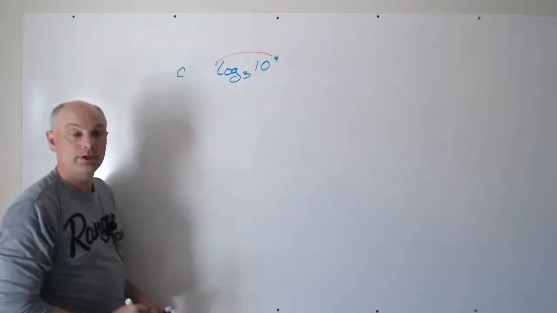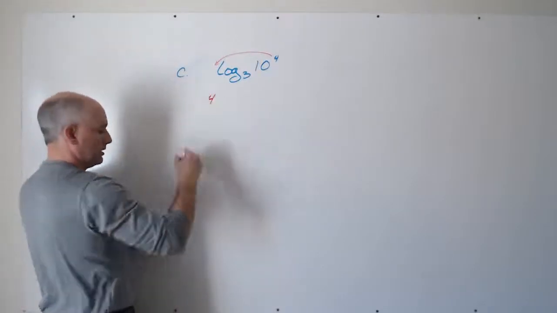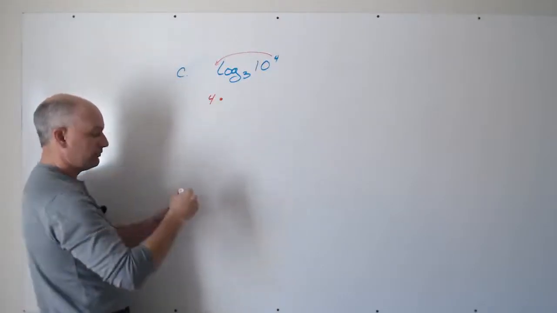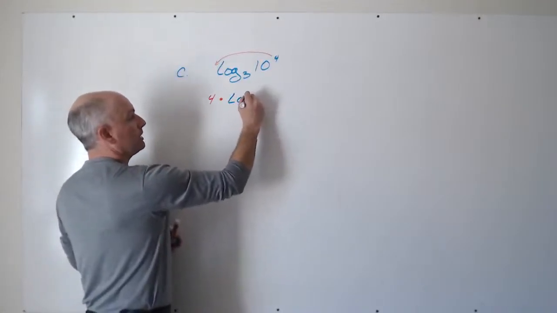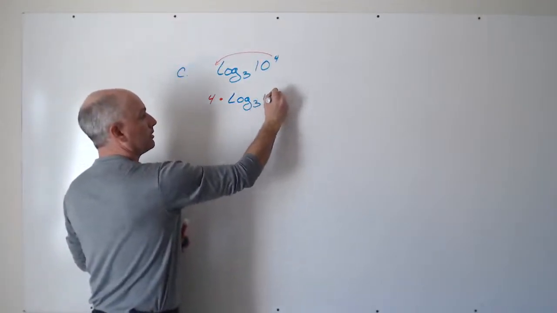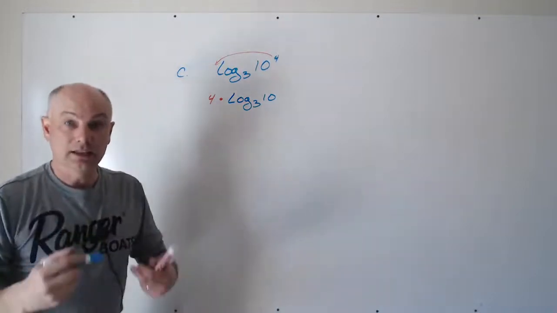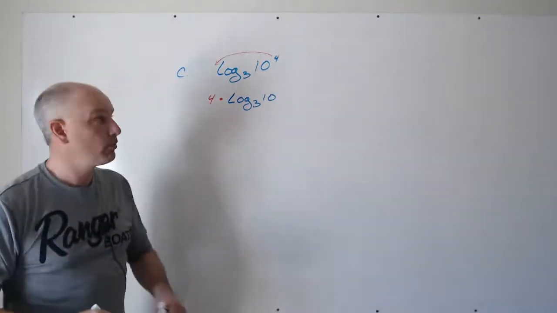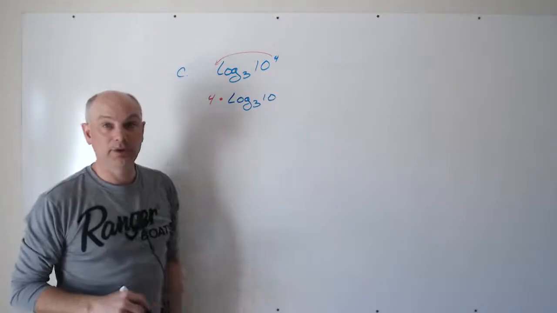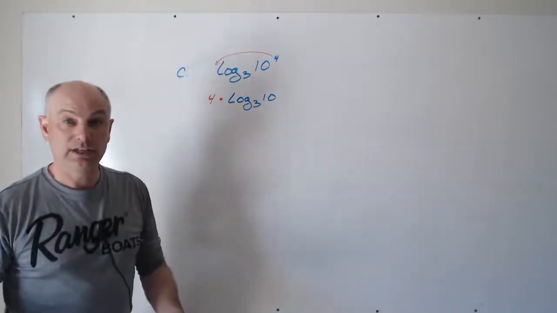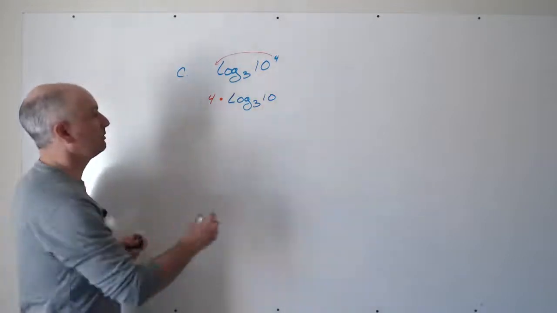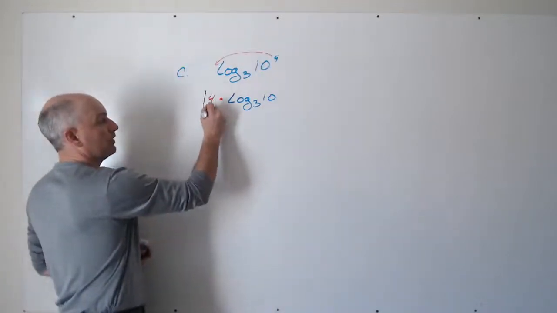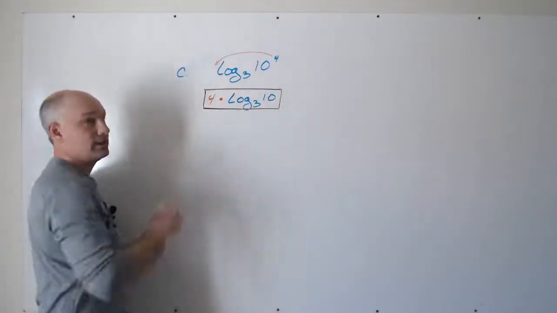First move, just like we did before. We'll move the 4 down. Write it as a multiplier in front of the logarithm. So it would be 4 times log base 3 of 10. In this particular case, there is nothing more we can do with this because we cannot rewrite log base 3 of 10. We can't write it any other way to make it simplify any better. So this would be as far as we can take it.